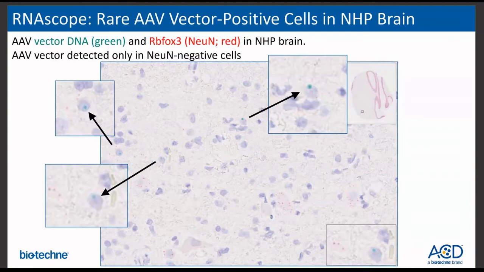And then this AAV vector is detected only in these cell types. And we can also see the co-detection in the right image and the left image as well. So this is the way we can identify cell markers and where AAV is being detected.